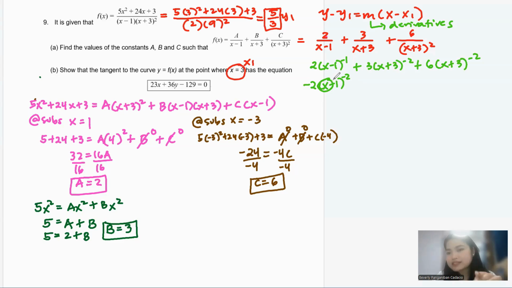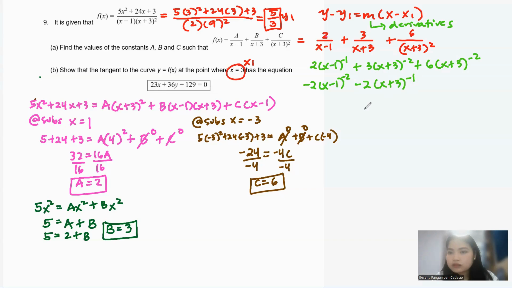But since it's just x, then it's just the same thing. So again, you're going to do the chain rule there if ever your x has a coefficient rather than 1. Okay, the other one will be the same thing, negative 2 times 3. That will be negative 2, (x plus 3), then you have negative 1.